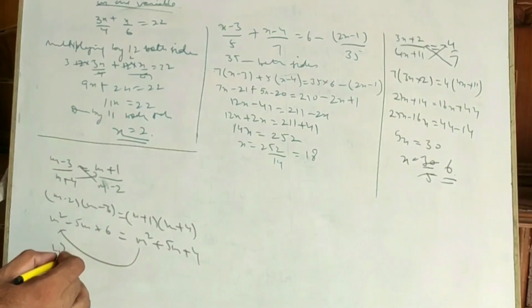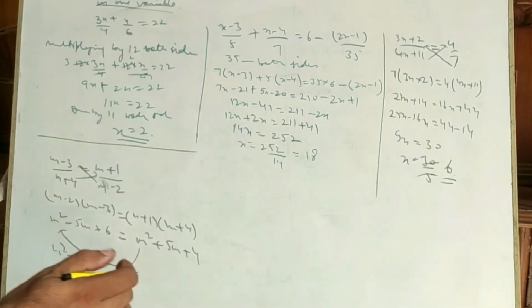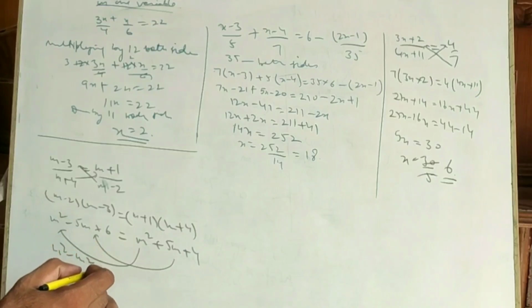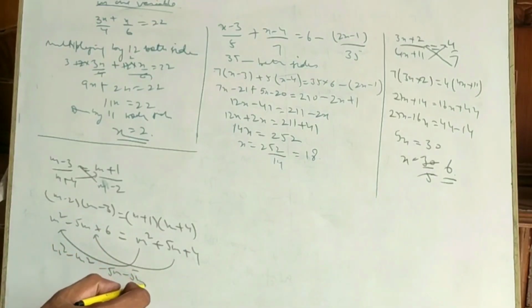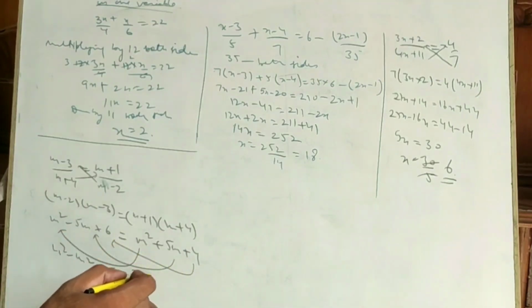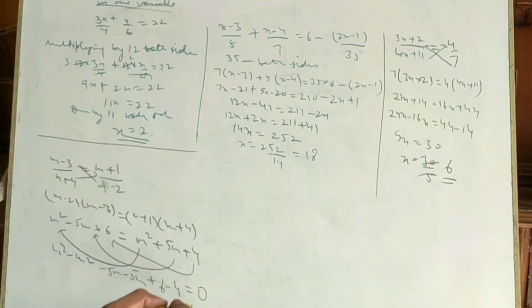So this is m square minus m square. This is minus 5m, it becomes minus 5m, plus 4 becomes minus 4, equal to 0. m square cancels. So this is minus 10m plus 2 is equal to 0. So we have 2 is equal to 10m, or m will be equal to 2 by 10, that is 1 by 5.